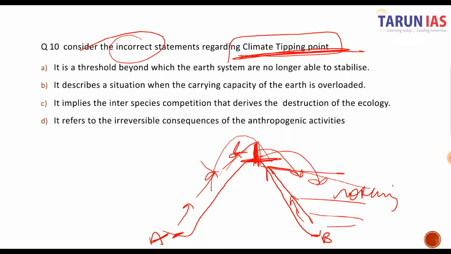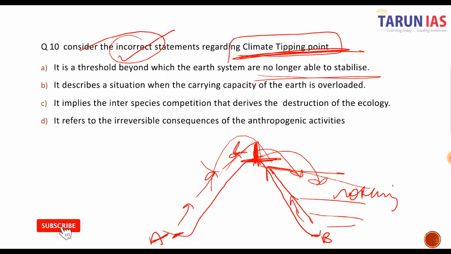So let's look at the statements then, and we will choose the most appropriate statement. Option A is, it is a threshold beyond which the earth system is no longer able to stabilize. It describes a situation when the carrying capacity of the earth is overloaded. It implies the interspecies competition that drives the destruction of the ecology. It refers to the irreversible consequences of the anthropogenic activities.